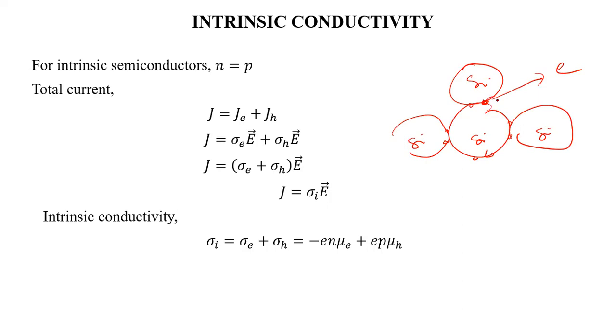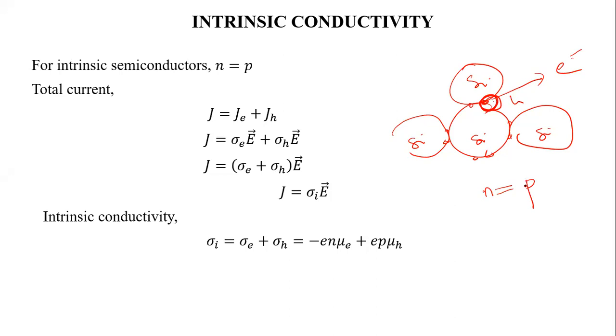By dislodging, you will create a hole also. So electrons and holes are always formed in pairs in an intrinsic semiconductor. Therefore, the number density of electrons equals the number density of holes.